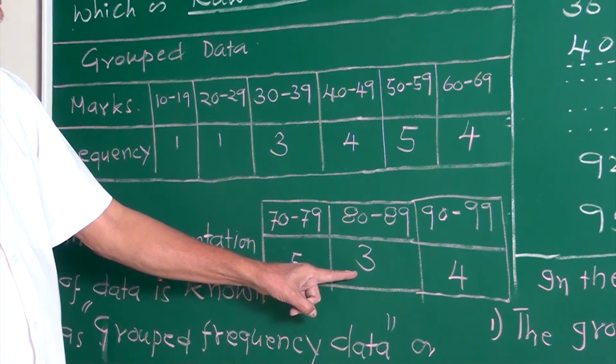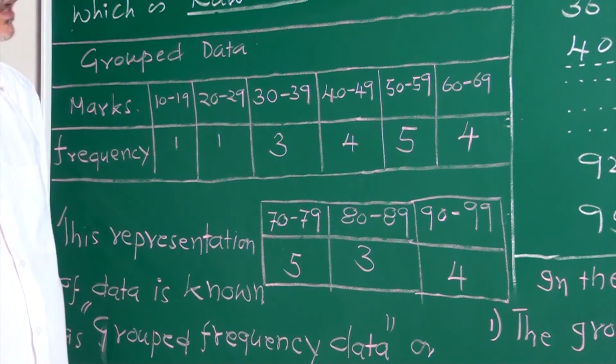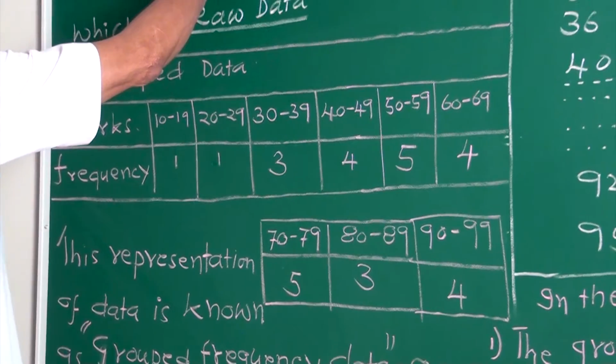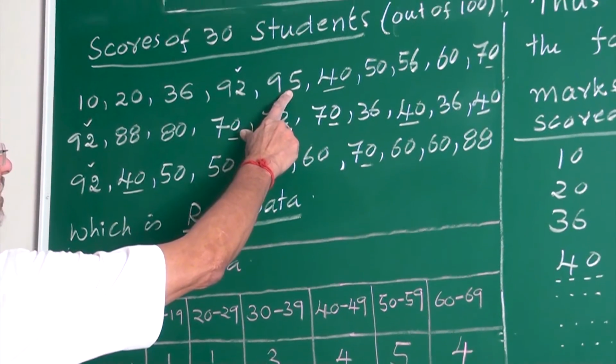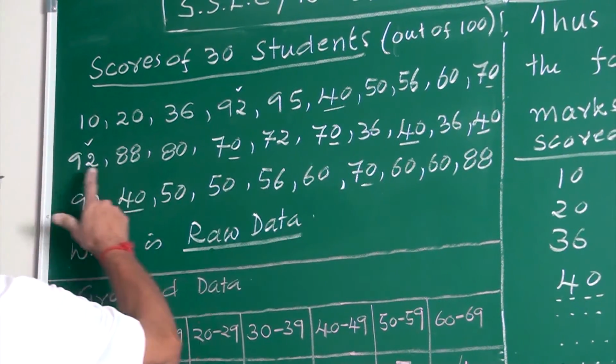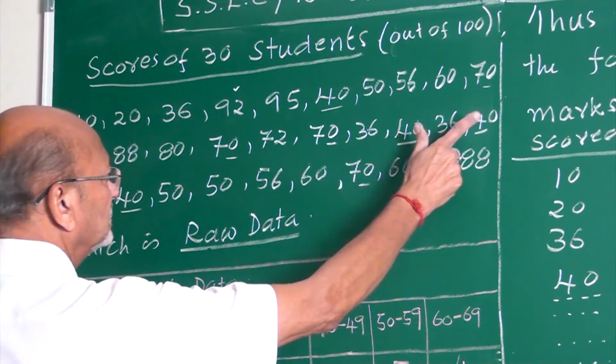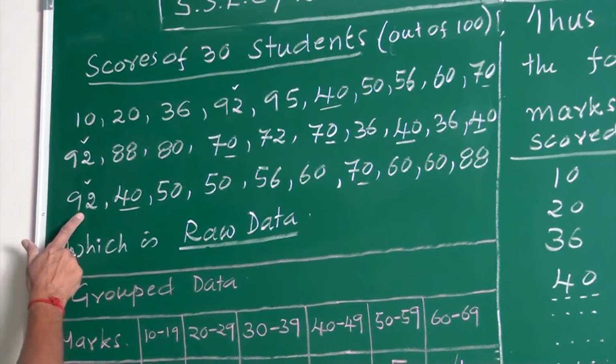80 to 89 is 3. 90 to 99, what comes? 90 means 92, 1. 95, second. Third. This is fourth, my friends.